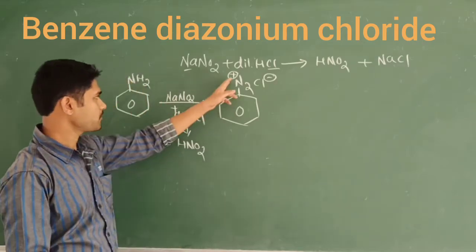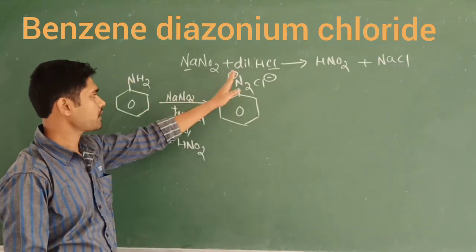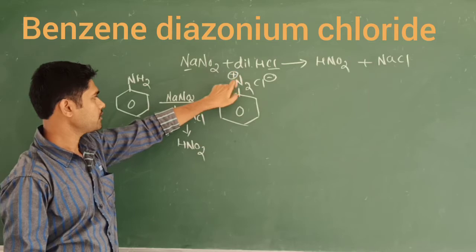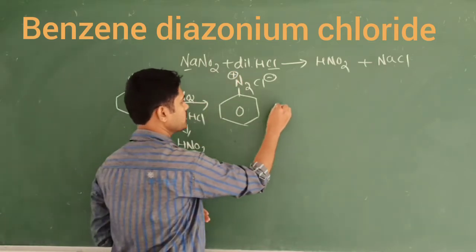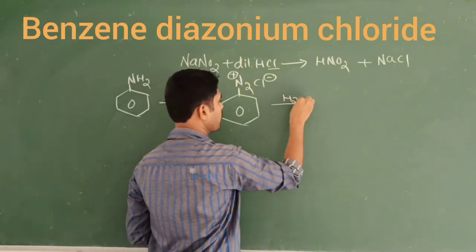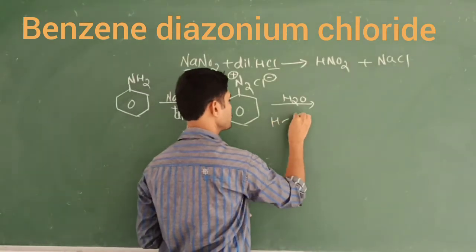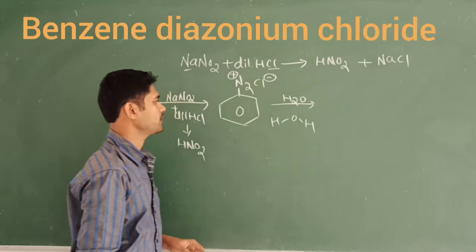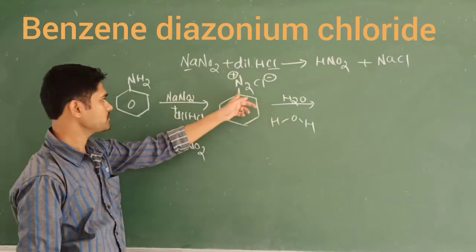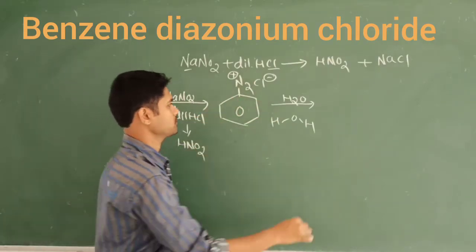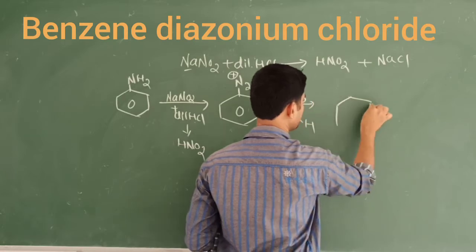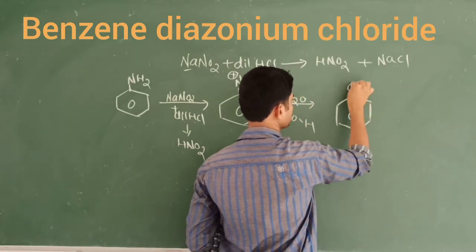Why? Because charge separation will be there, plus and minus. This benzene diazonium chloride is further hydrolyzed by warming with water. We are going to obtain the phenol compound, that is HOH, like this. Here this OH group will be directly attached to the benzene ring. So we finally obtain the compound called phenol.